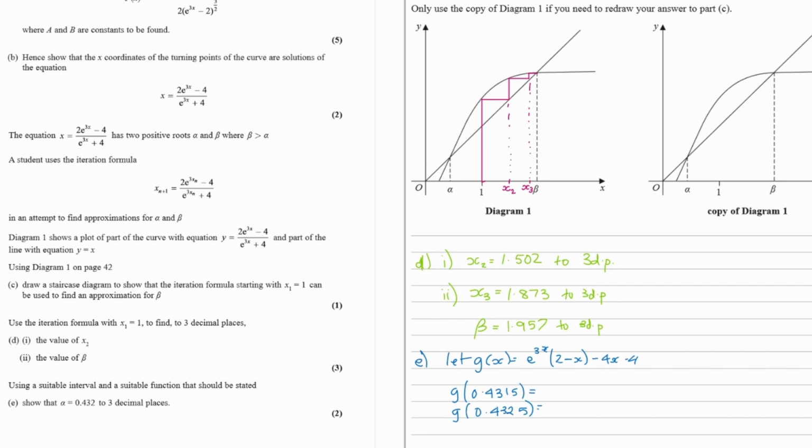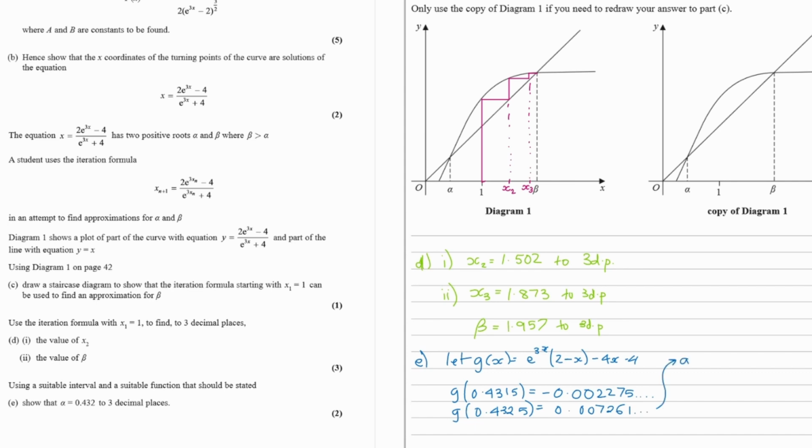So if we substitute our lower bound into this equation, wherever x is, we will get a value of −0.002275. And if we substitute the upper bound, which is 0.4325, we will get a value of 0.007261.